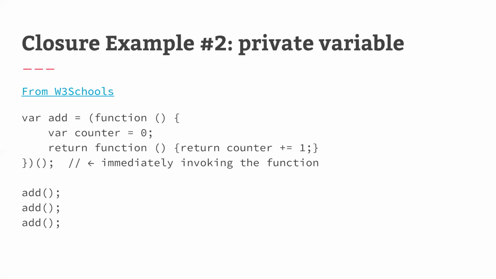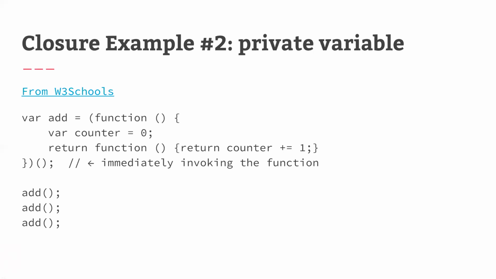Yeah. I use this as a security feature. Let's say I build a game and I didn't want somebody to hack in and just increase the counter. And I put it in a private variable like this. Yeah, absolutely. That's great, Eugene. And that's one of the things that if you go through this W3Schools page, they start with a lot of different ways of doing this and what the problems are if you don't use a closure.